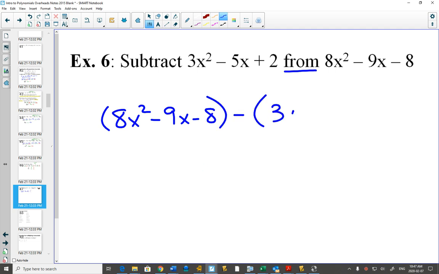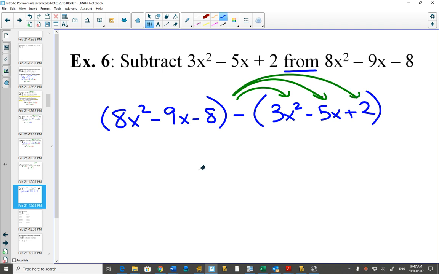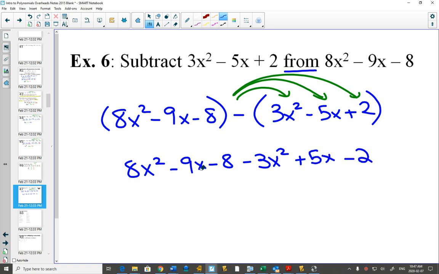And I'm going to subtract this amount. And when we subtract something, that would go to each of those. So we would get 8x squared minus 9x minus 8, subtract 3x squared plus 5x minus 2.